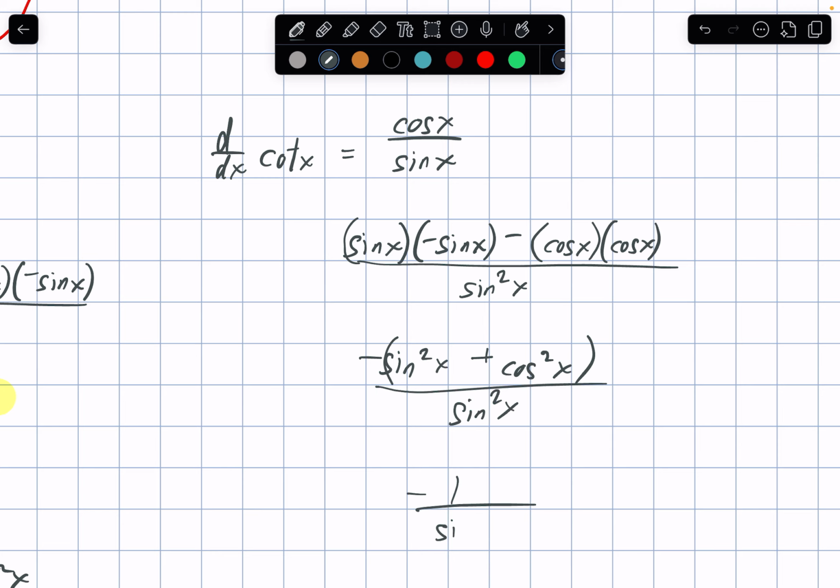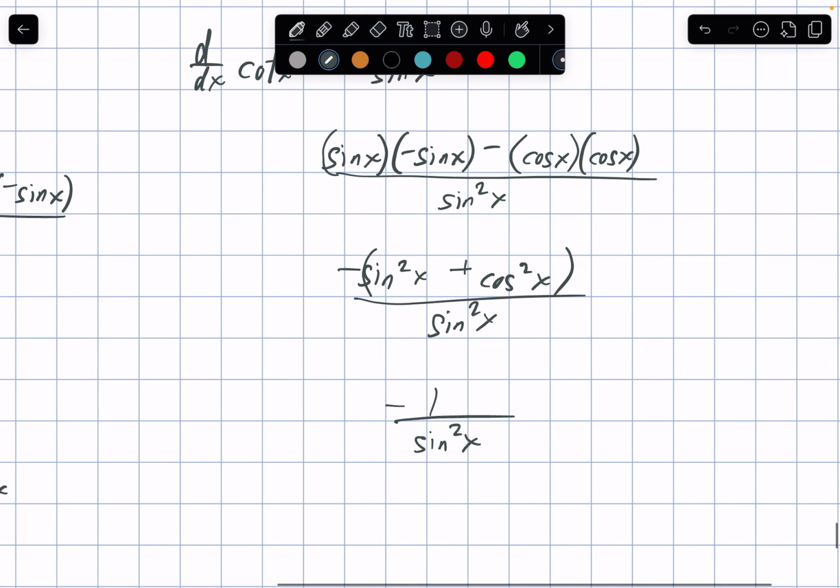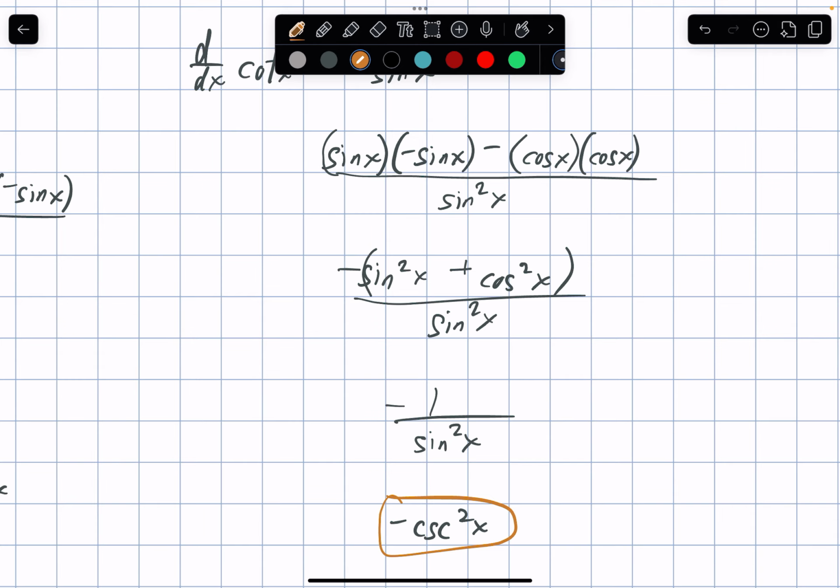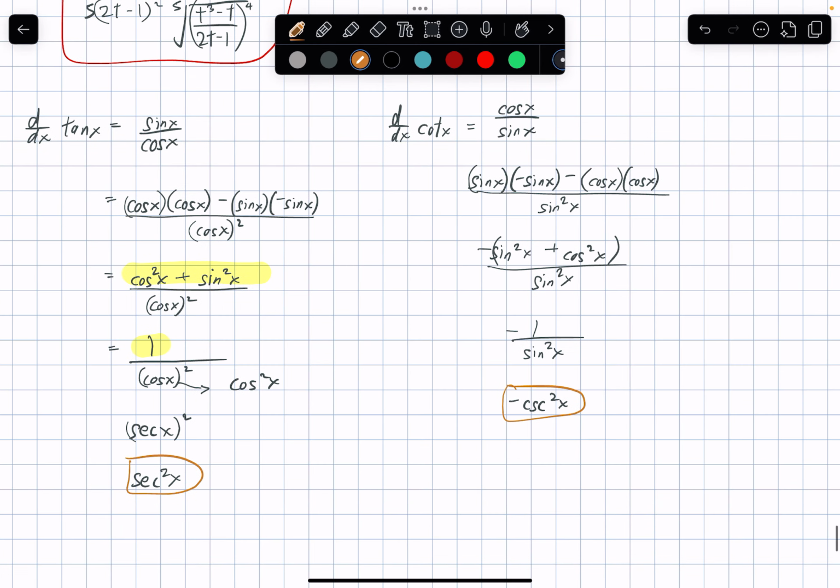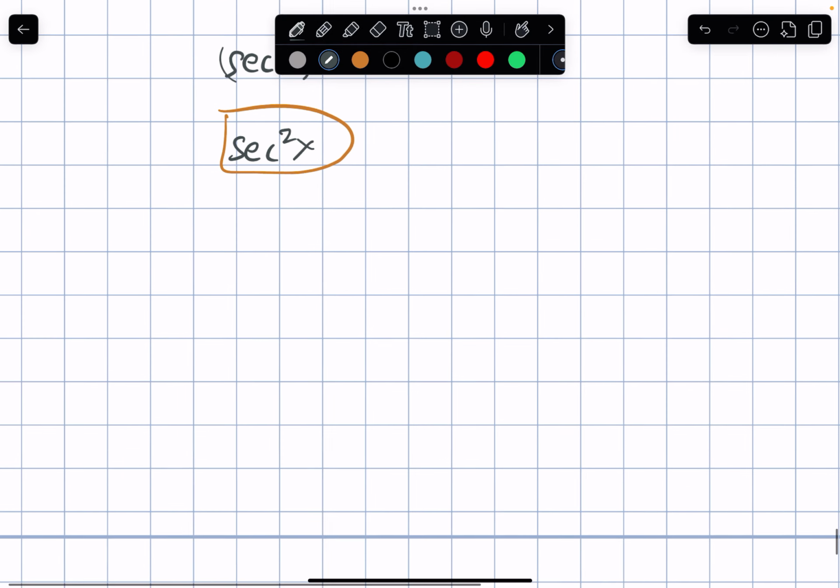It becomes negative 1 over sine squared x. In other words, the reciprocal for this is going to be negative cosecant squared x. This is the answer. How about a little more?